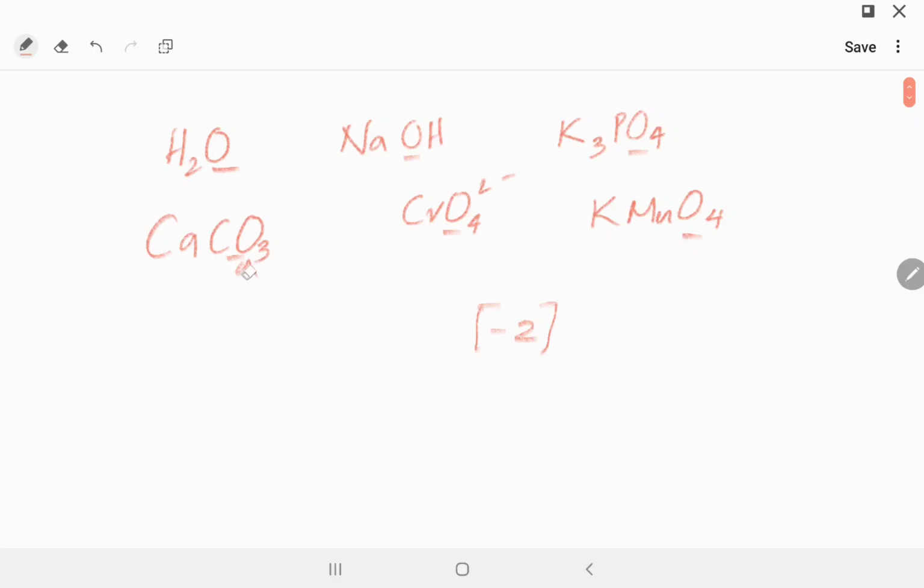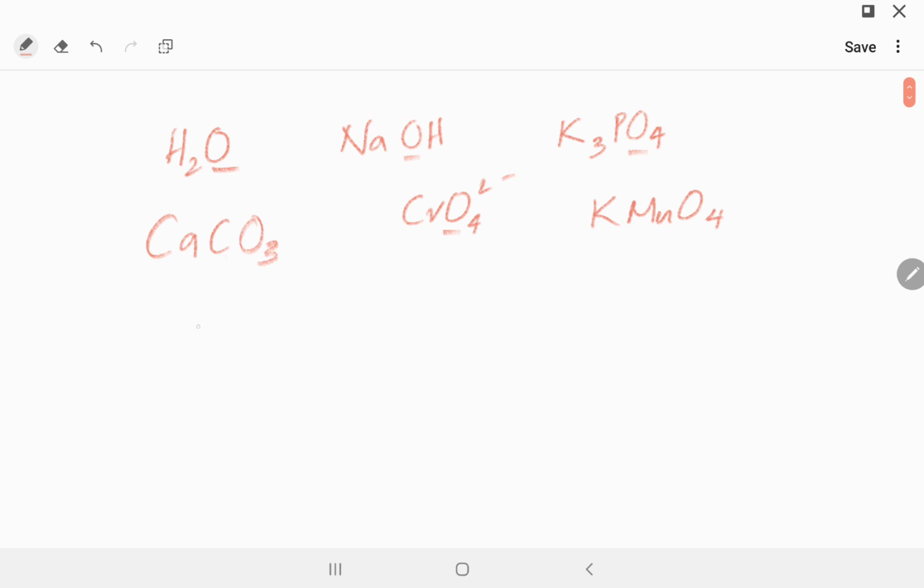But I prefer to write the average oxidation number for each atom. So you can say that each of these oxygens has a minus 2 oxidation number. But there are exceptions, and here are some of the exceptions.